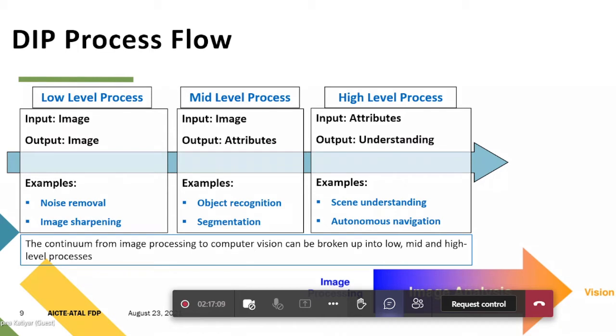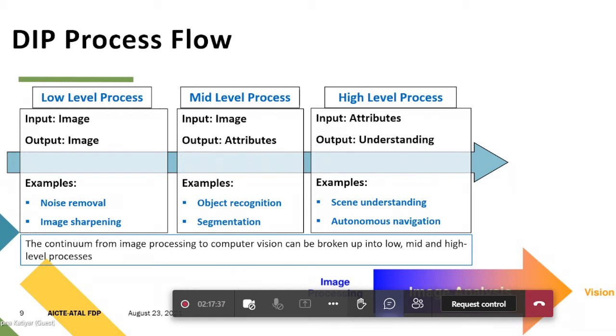You can take a clear-cut example of autonomous or driverless vehicles. There is no driver; the person is not required to see the surroundings and take the decision. The surrounding image is captured and processed, the algorithm is run accordingly, and the next decision to be taken can be identified. So that is scene understanding.